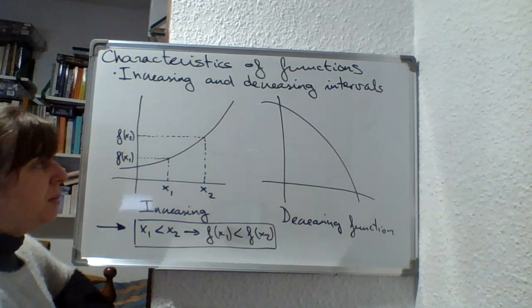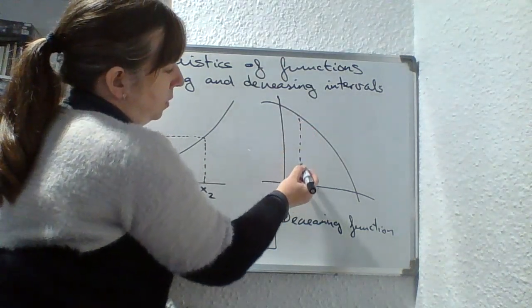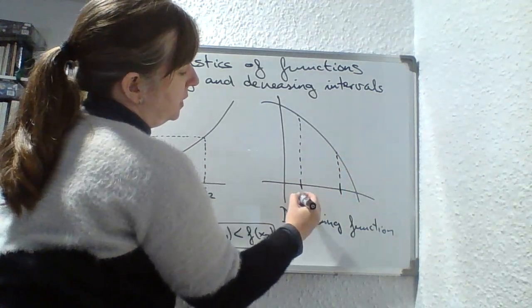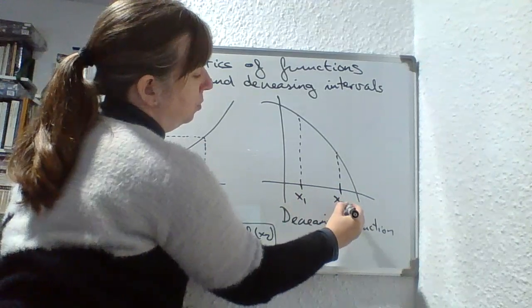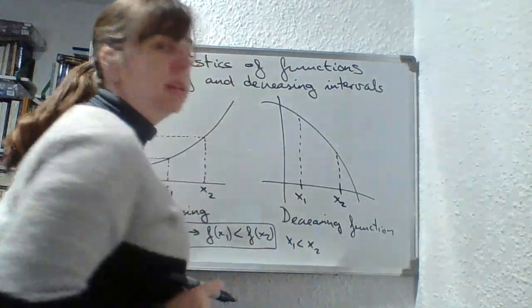What happens if I have a decreasing function? Again, I'm going to take a couple of values for x. This is x1 and this is x2. x1 continues being smaller than x2.